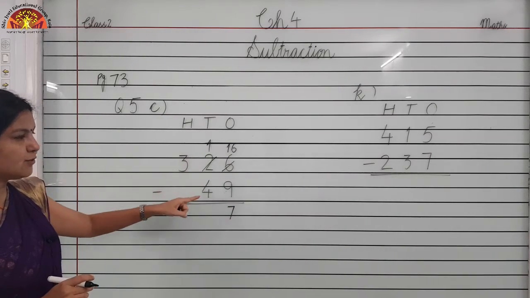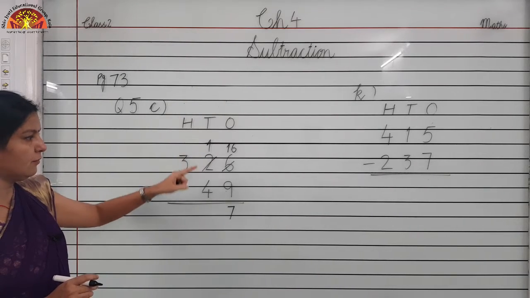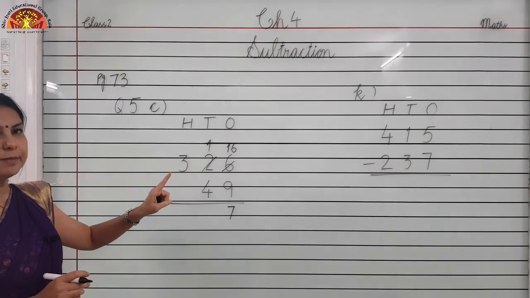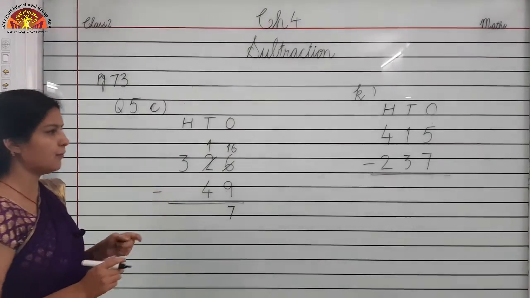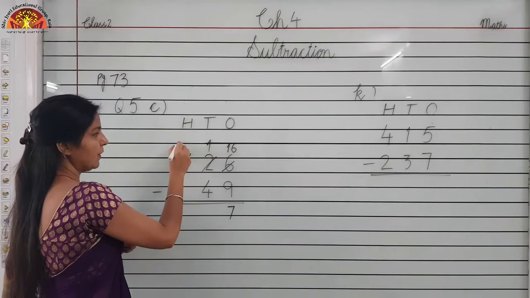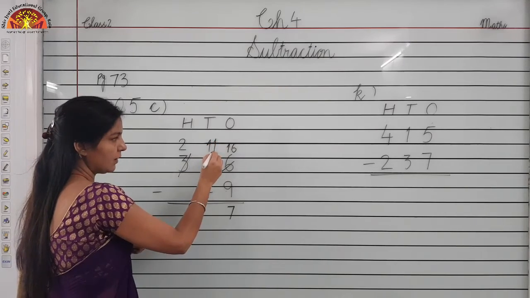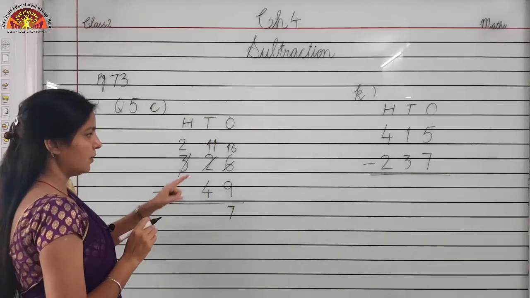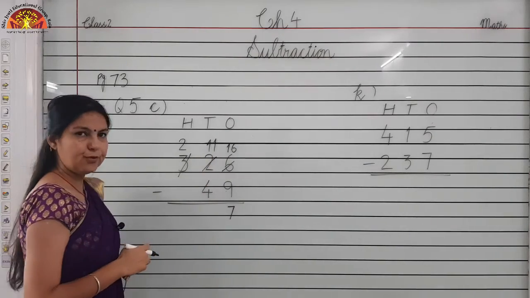Now again we have to check the digits here. 1 is written above the 4. So we cannot subtract 4 from 1. So what we will do again? We will borrow from the digit which is at hundreds place now. So 3 will become now 2 and 1 will become 11 when we write 1 with 1. So 11 minus 4, what we will do?